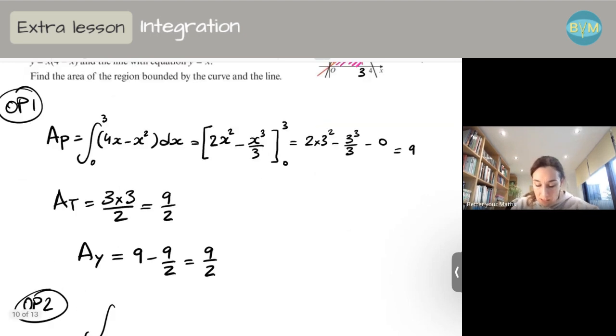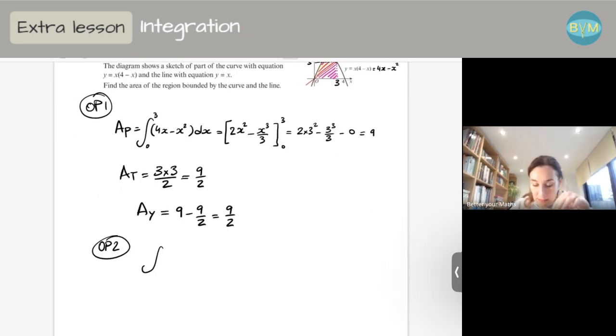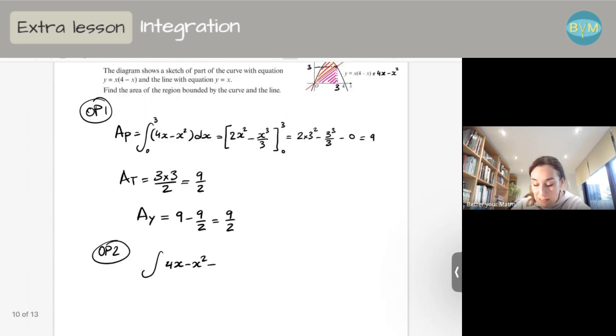So it's y of one curve minus y of the other curve: 4x minus x squared, minus x, dx, integrating between 0 and 3, like before.